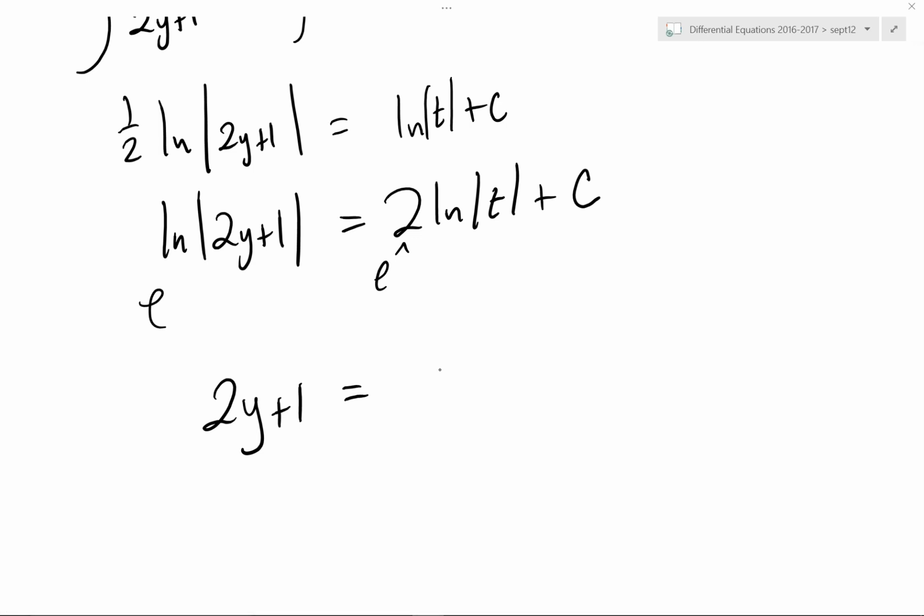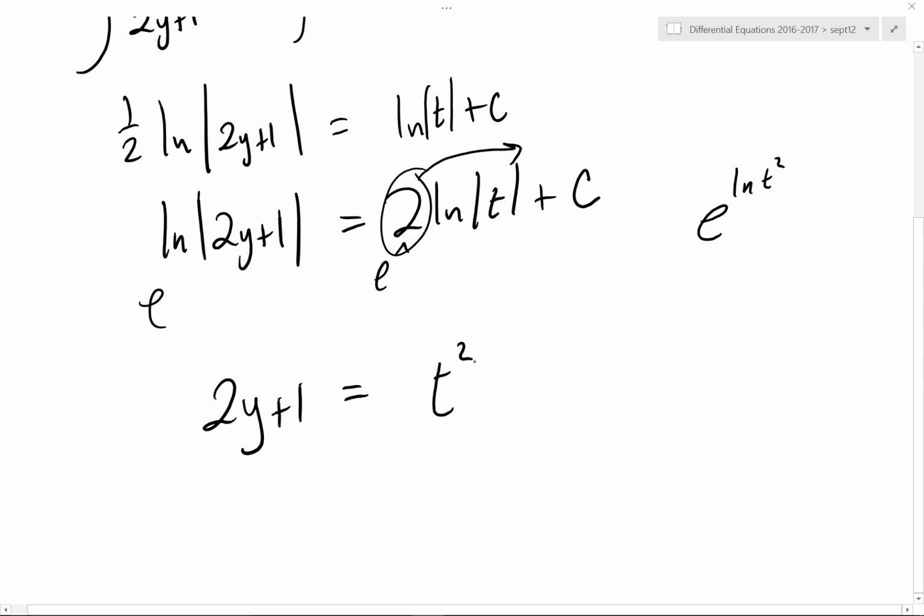Wait, I know. This 2 right here, from whence did this 2 come? It came from up here, did it not? So let's put it back from whence it came. So it's e to the ln of t squared. What happens to e to the ln of t squared? You get t squared.